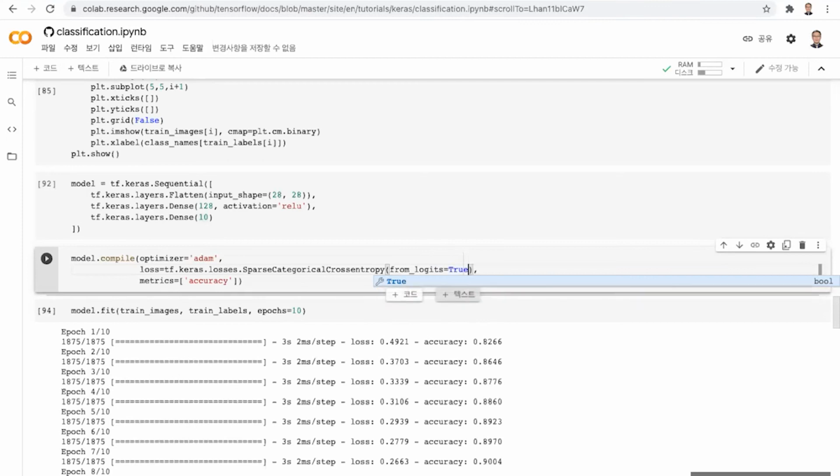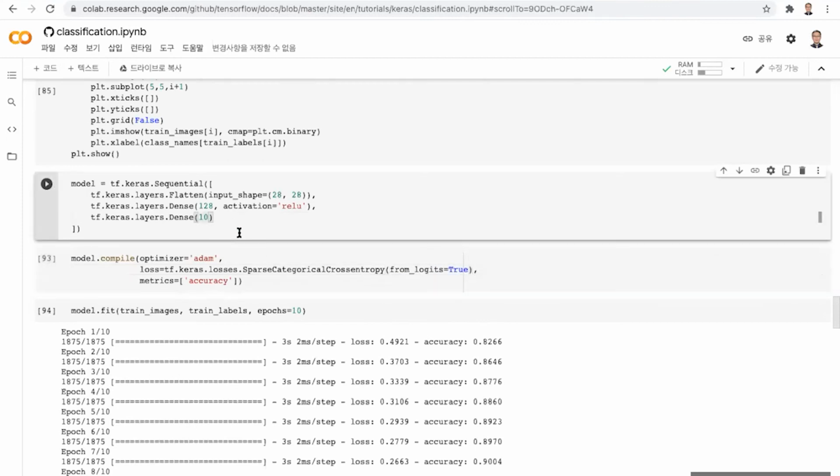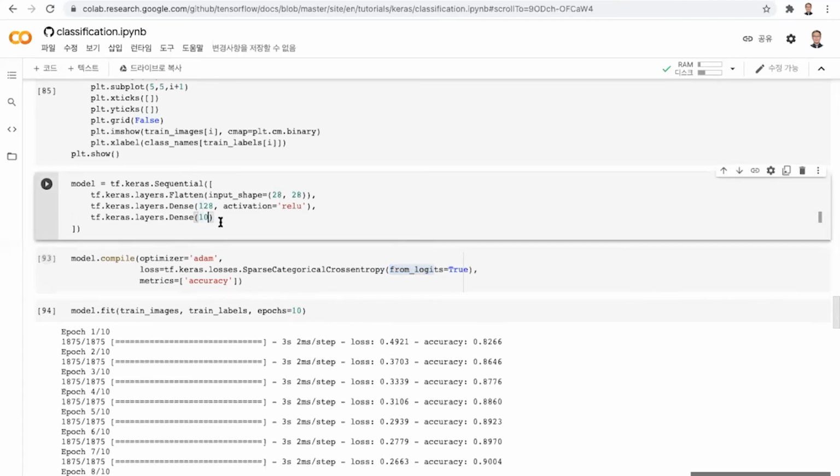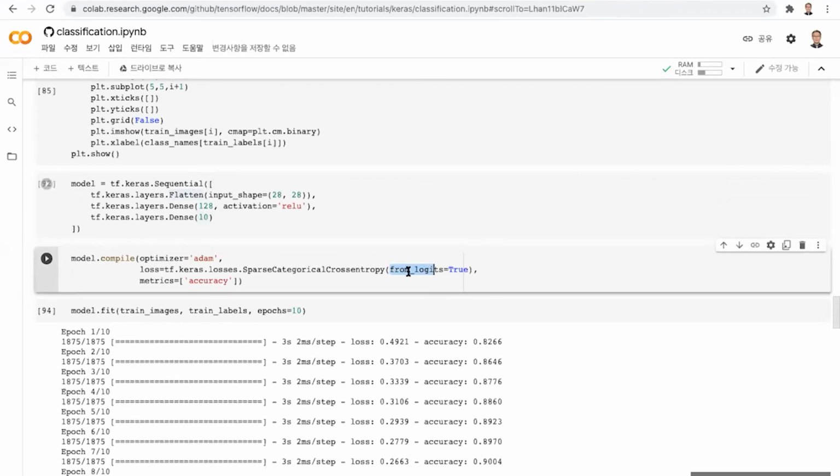That means the number here is not a probability. But if you make your output a probability, then from logit is not needed. It's already a probability, so you don't have to worry about it. So that's the meaning of this one.